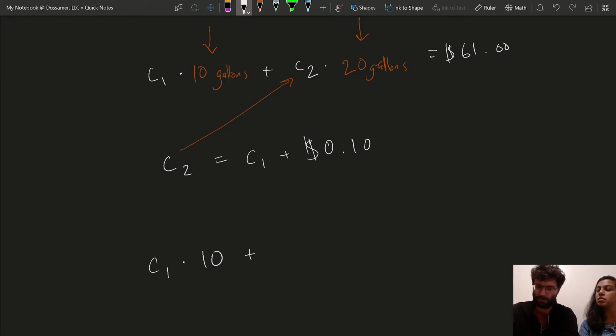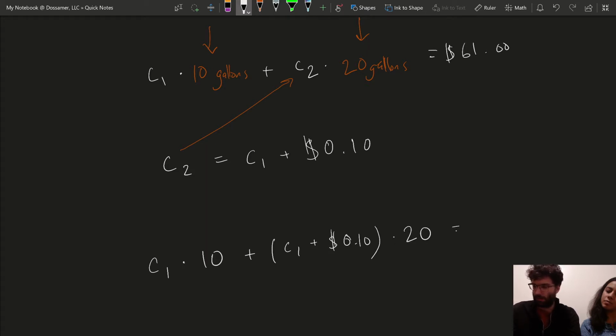C1 times 10 gallons. I think you're missing a plus there in your equation up there. Oh, thank you. Plus C1 plus 10 cents times 20 gallons.